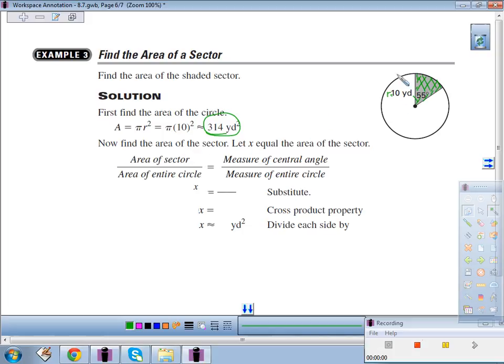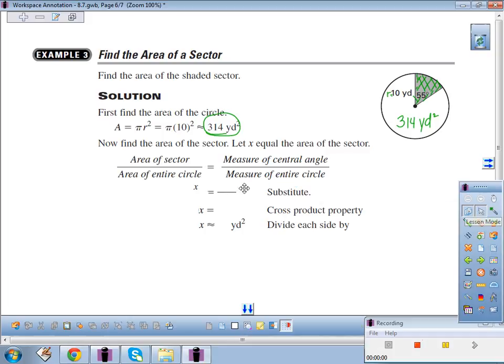We know that the entire circle is 314 square yards, but we know that this is only part of the circle, and we want to find that shaded part, that area only. And so now we'll use the area of the sector over the area of the entire circle equals the measure of the central angle over the measure of the entire circle. So we're using these values to find our missing sector area.